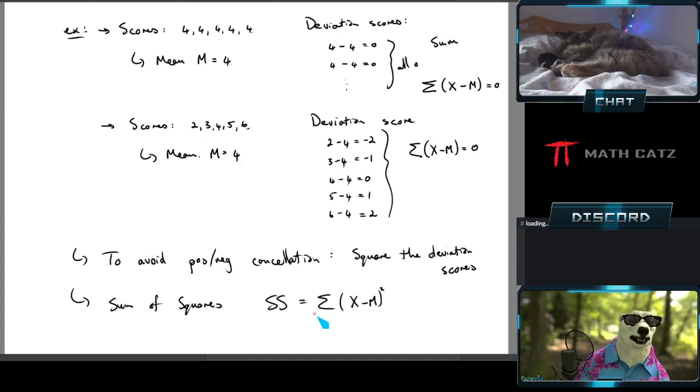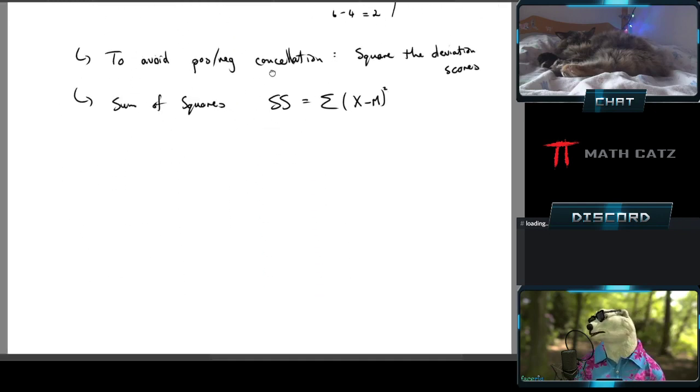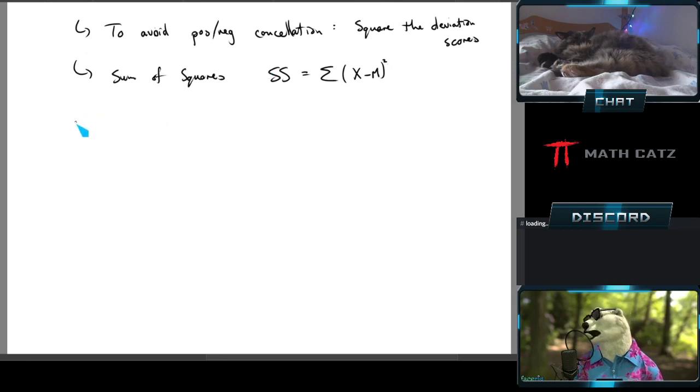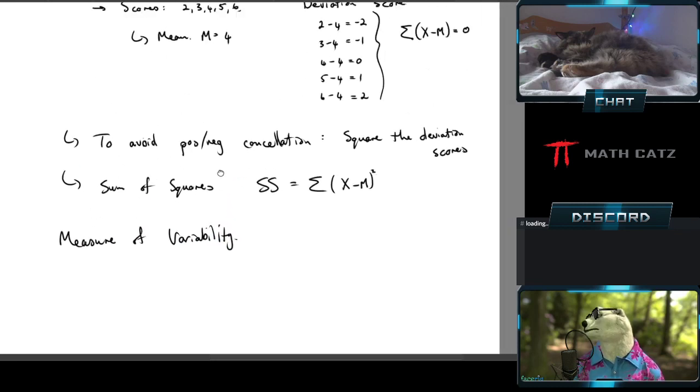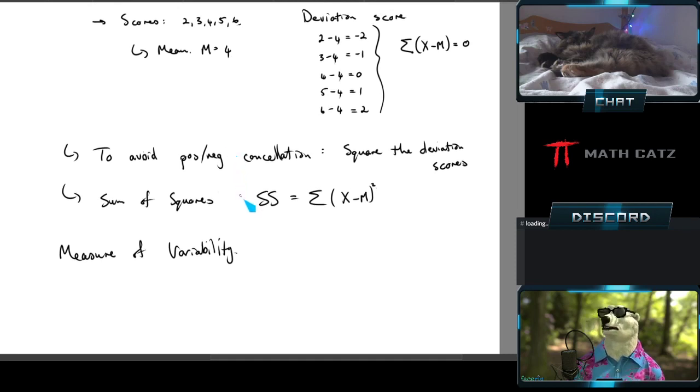And then to complete this, we are going to have our actual measure of variability. It's not quite the sum of the squares because if I have more of these scores, each one is going to contribute. I'm just trying to explain how they're spread around the mean.